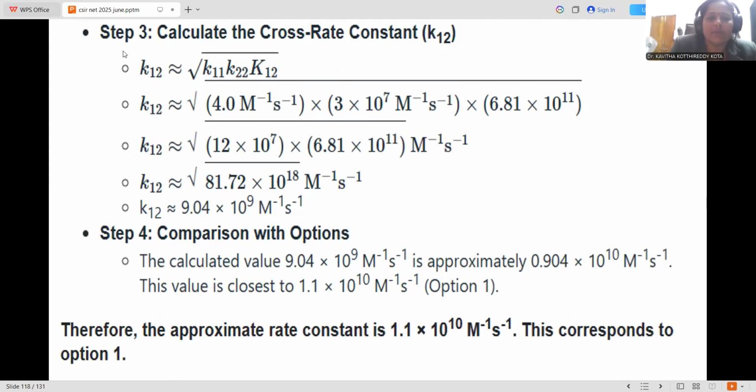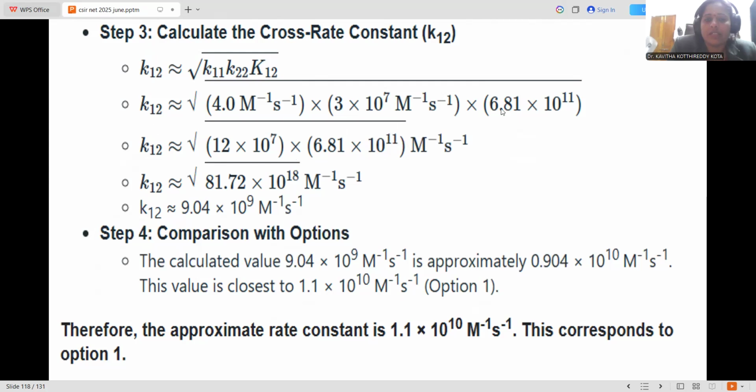After getting that, calculate the cross rate constant. The cross rate constant K12 is equal to under root K11 K22 K12. K11 is known to you, that is 4.0, and K22 is known to you, 3 into 10 to the power 7. K12 was just calculated as 6.81 into 10 to the power 11.